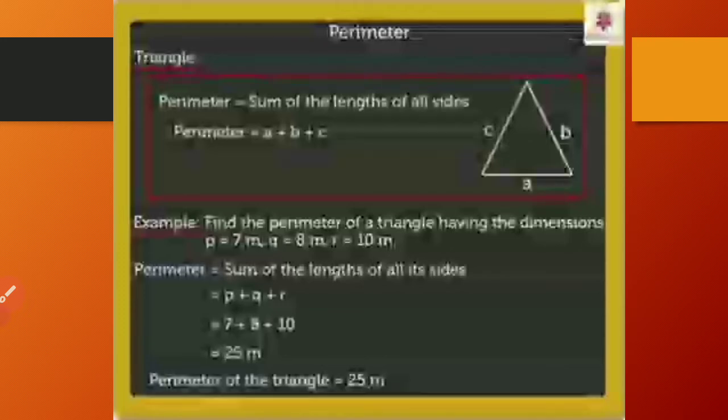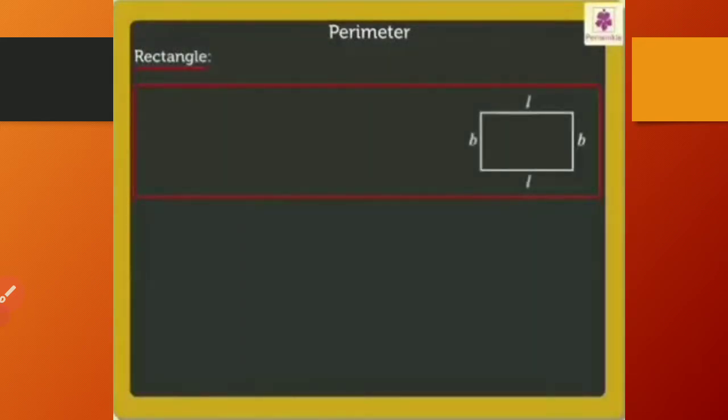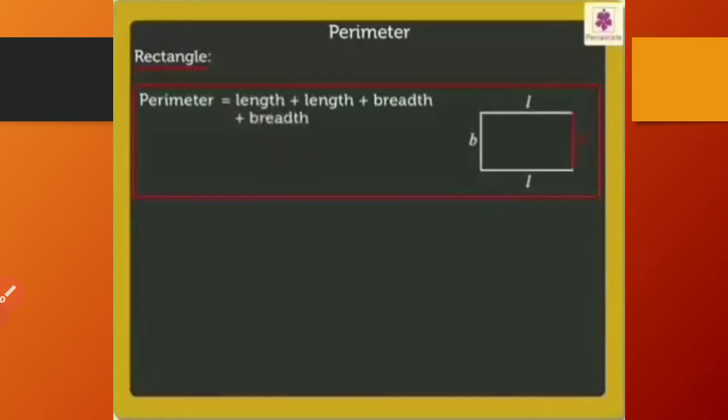Now, let us look at the formula for the perimeter of a rectangle. We have already learned that a rectangle has four sides, wherein its opposite sides are equal in length. Thus, the perimeter of a rectangle is equal to length plus breadth plus length plus breadth.